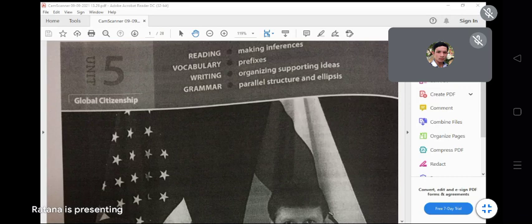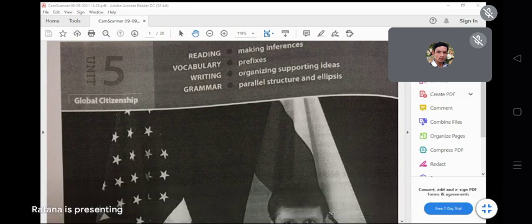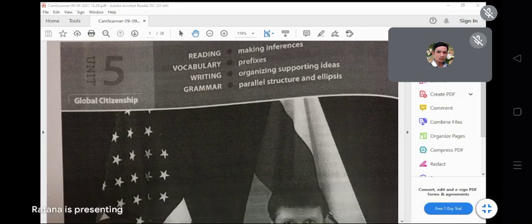And in writing, we focus on organizing supporting ideas, especially the body paragraph: how to write your supporting idea, and how to provide evidence or examples to support it. It is very important. And how to focus on only one important idea for each paragraph, not a lot of ideas in one paragraph, or the reader may be confused.